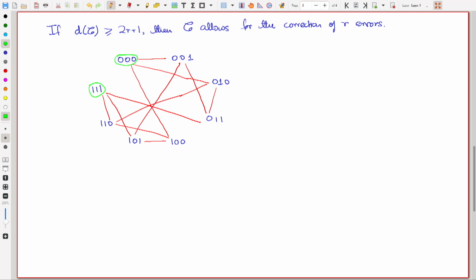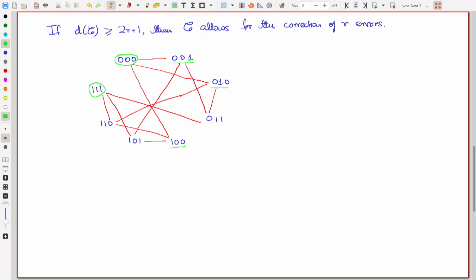Suppose I am transmitting the signal 000 and one of the bits gets changed, right. So, it could go here or here or here, right. So, there are these 3 possibilities, but because the Hamming distance here is 3. So, what have I done? I have connected things which involve one bit change, and you can take the distance in this graph.